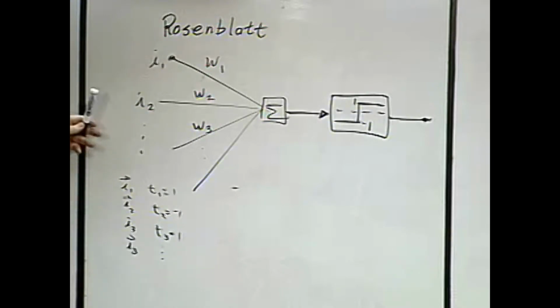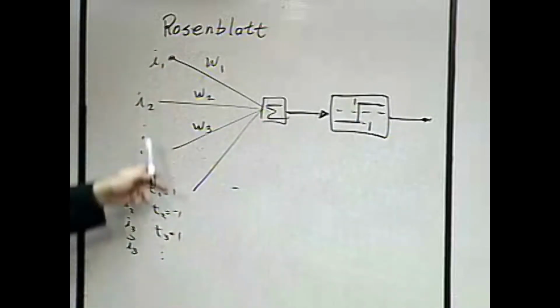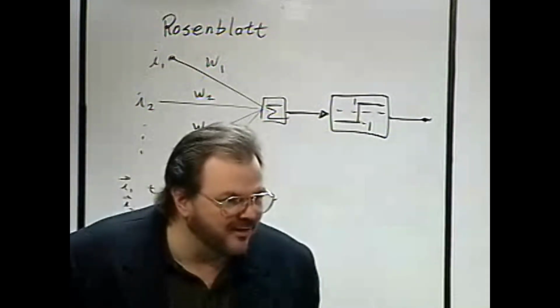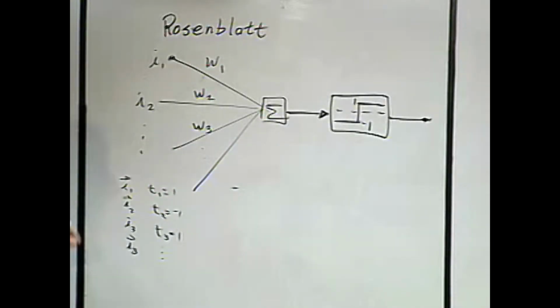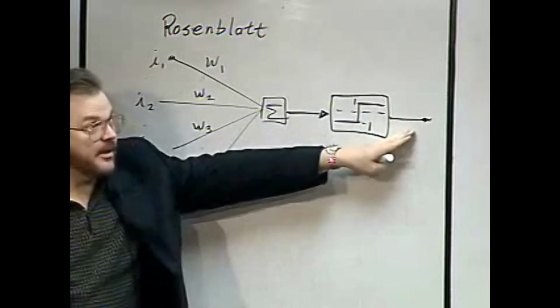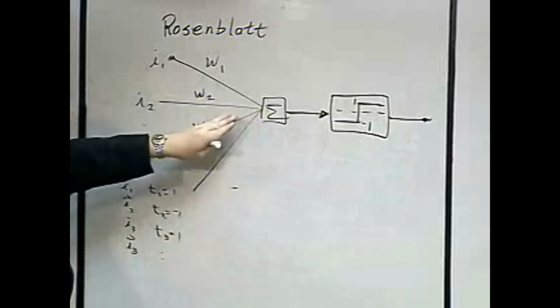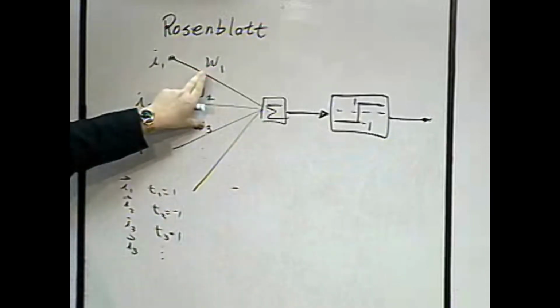However, if he put in something which should be a 1 and it turned out to be a -1, guess what he had to do with the weights? You want to make all the weights a little bit smaller, so that next time it would be pushed a little bit more towards a smaller value to give a negative value, right? Conversely, if you wanted out a 1 and you got out a -1, what would you do with the weights?